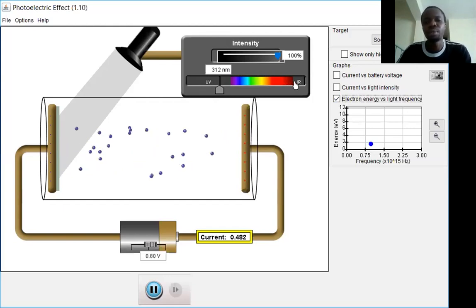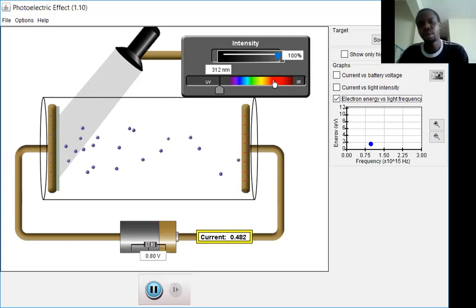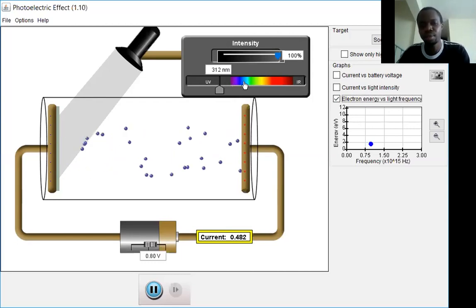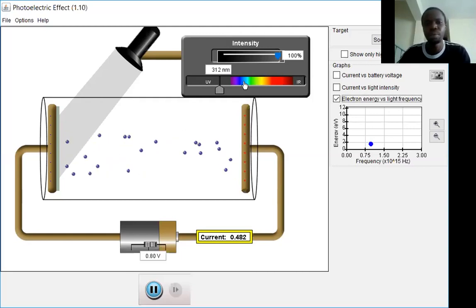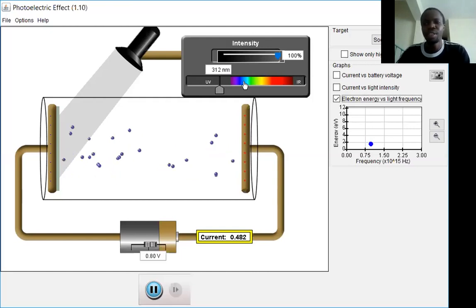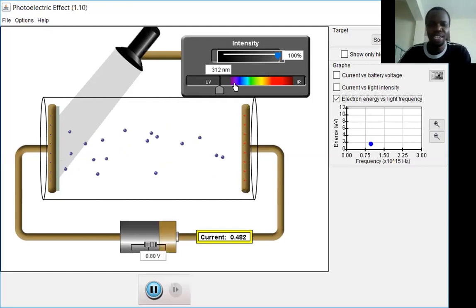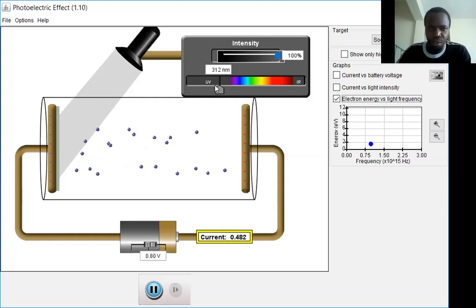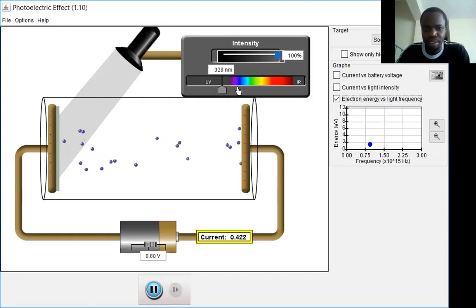Here, we are strictly concerned with light, and light has those 7 members: violet, indigo, blue, green, yellow. Name them. As you can see, from ultraviolet to infrared, the wavelength is increasing.